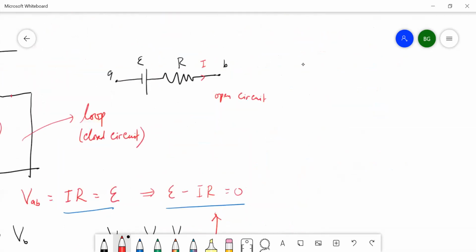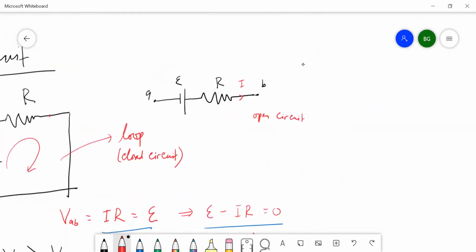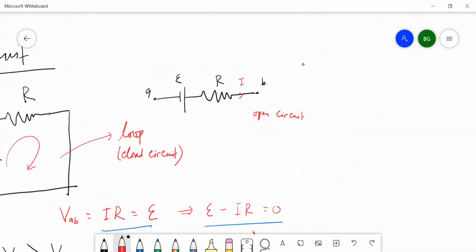What about the open circuit like this? Which one is greater, VA or VB? Hello, hello. In this case, VB, I think.